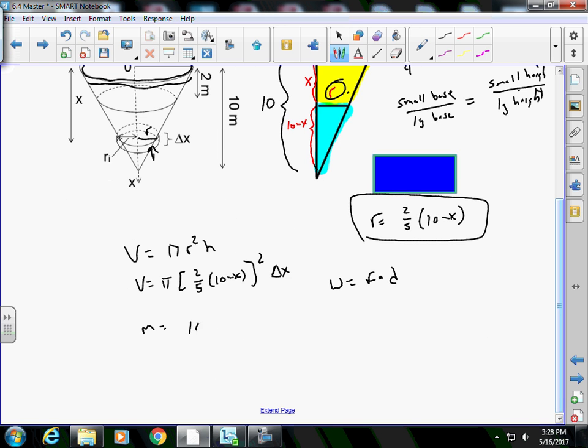So the mass is now 1,000 times 2/5 squared, which is 4 over 25, times 10 minus x squared, delta x. Now our force, right, our work, sorry, is the 9.8, because this is all in metric, so I need to have the force of gravity, and the distance.